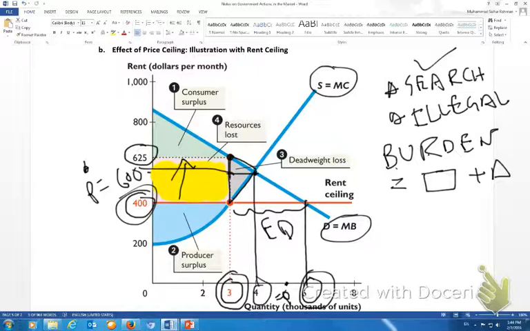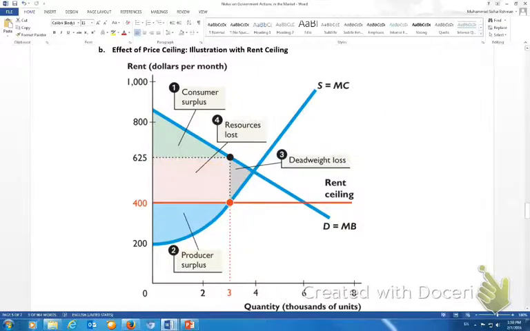This is the reason behind the price ceiling having a negative impact on the market, in the sense that the price ceiling is imposed on the market where the price ceiling is below the market equilibrium. Imagine for 1 minute that the price ceiling was imposed at, let's say, around 700.